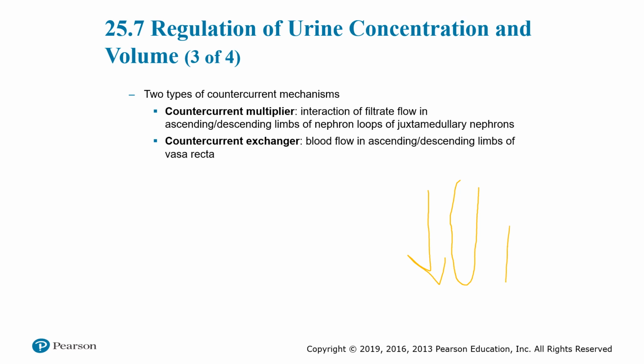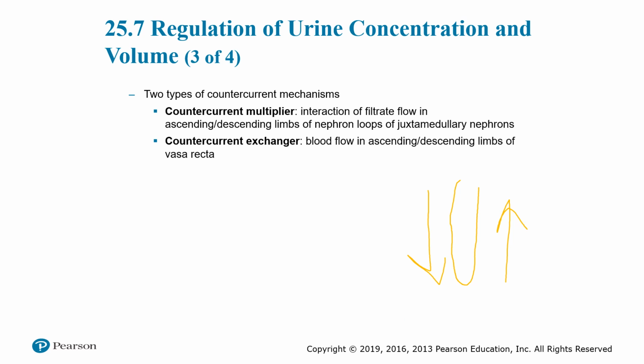In the ascending limb, the filtrate is going up. Now these two are lying close to each other, and because of their proximity and because of the opposite direction of the fluid in both of these tubules, this can influence the concentration of filtrate in this.